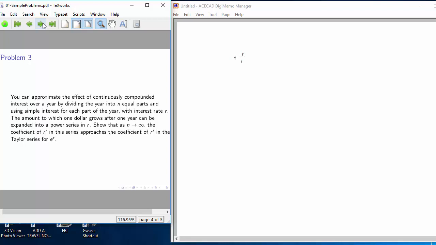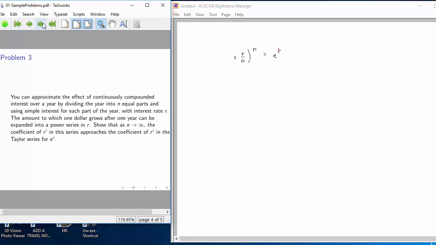In an individual piece of the year, $1 will grow to 1 plus r over n dollars, and this will happen n times. You may already know that the limit of this quantity as n approaches infinity is e to the r.